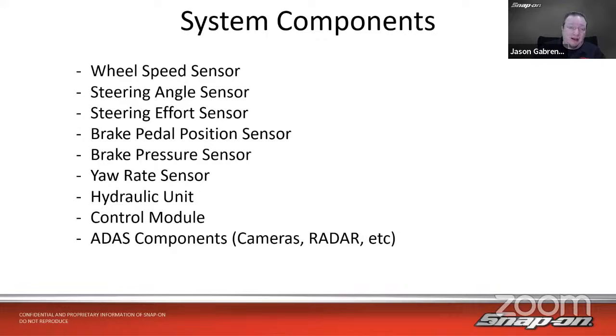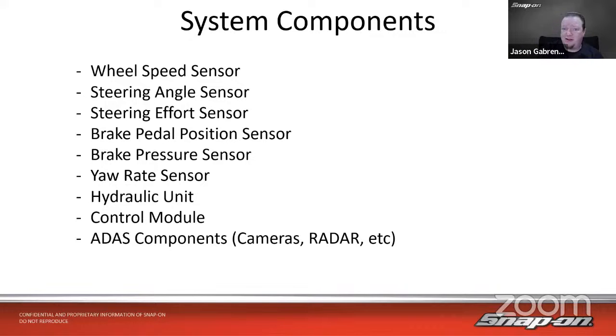So with that, there are different system components that you might find that can all affect the way these systems work, not just ABS, but the other systems that we have. Wheel speed sensors, that's pretty standard across the board on all those, just so the vehicle knows what speed each wheel is doing, and that's how it can also help with traction control and stability control and things like that. Steering angle sensor, because I need to know what the steering input is. Steering effort sensors.